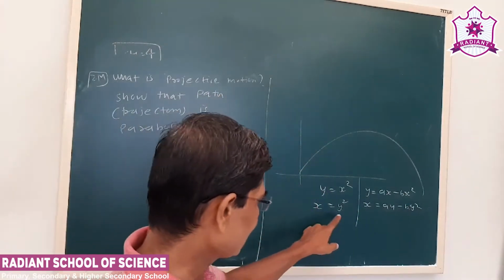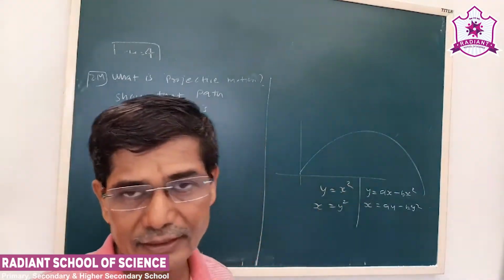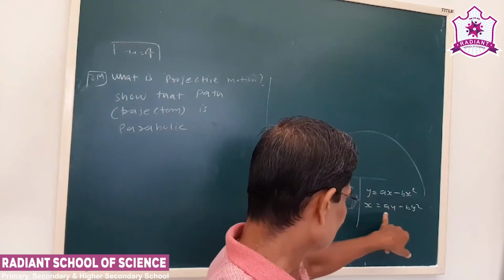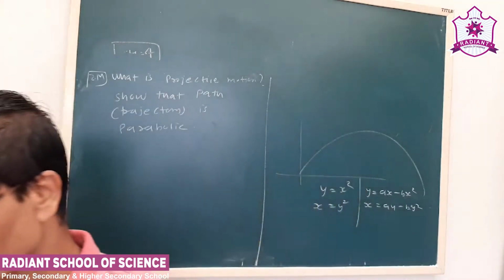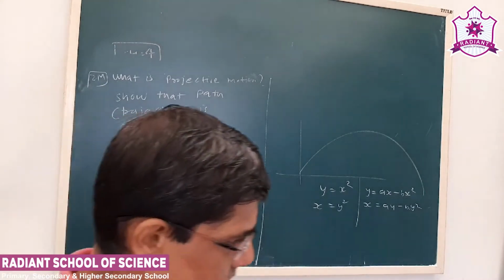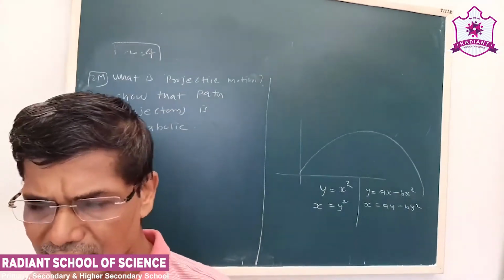One side x and the other side y square, or one side y and the other side x square. These four equations are equations of a parabola.